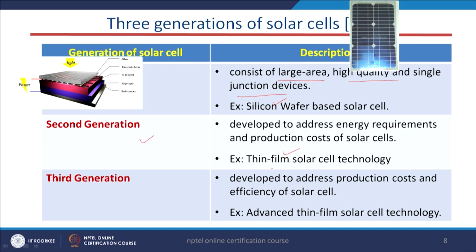Here we have multi layers, whereas in the first we have a single layer. And coming to the third generation, here we have developed production cost efficient solar cells, basically advanced thin film solar cell technology. So, these 3 technologies are in the developed stage.